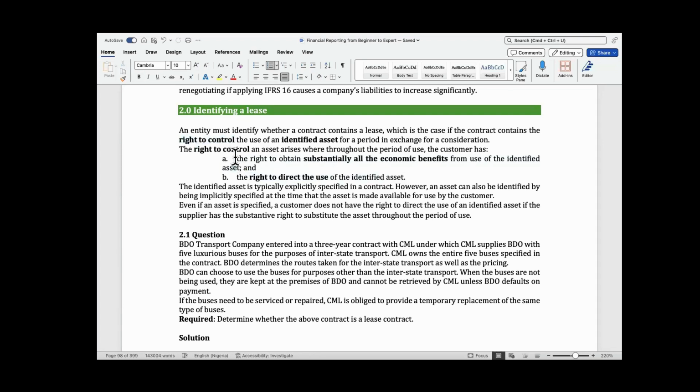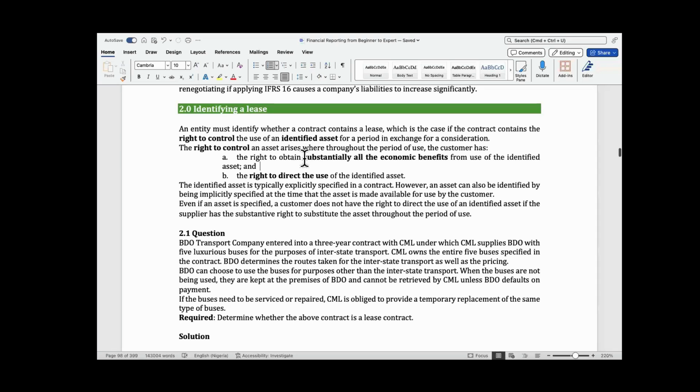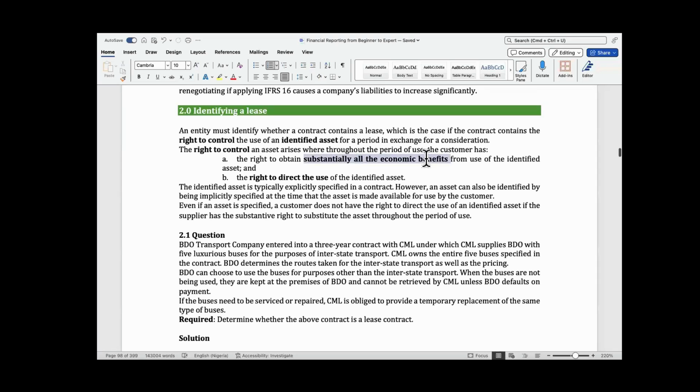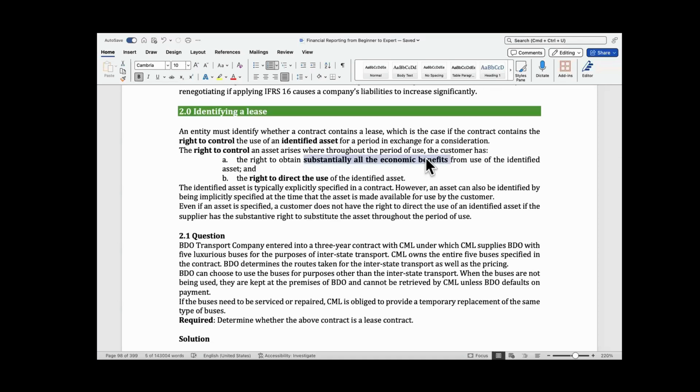When we say right to obtain substantially all the economic benefit from the use of the identified asset, we are saying that the lessee must be the one that obtains substantially all the economic benefit from using the asset. This basically means that it must solely be the lessee that uses the asset.